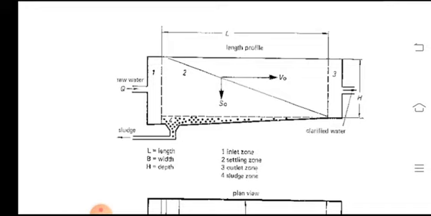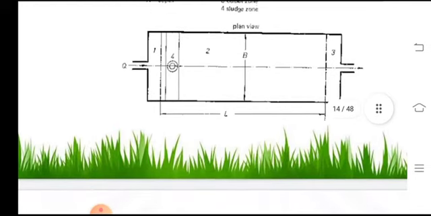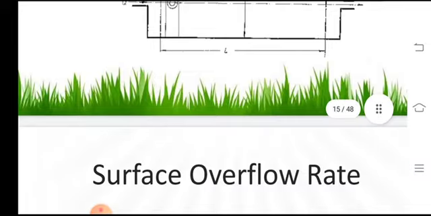Most of the particles which have a settling velocity will settle down in the initial zones, and other particles which are lighter in size with lesser densities will remain apart in the fluid and will sustain their place in the top layers of the wastewater flow. This is the plan view of the tank.